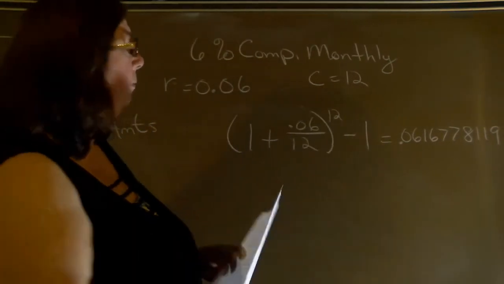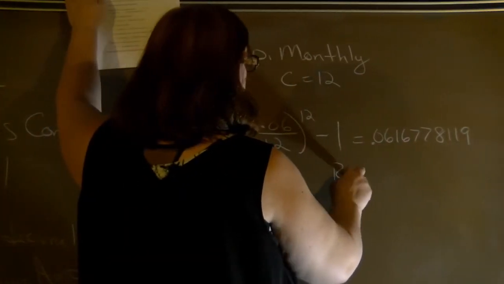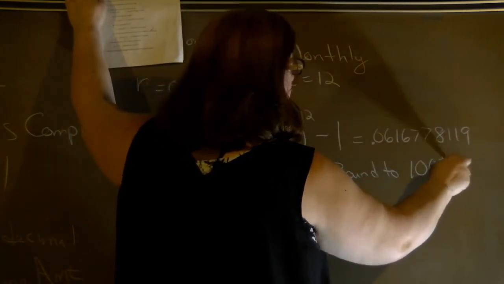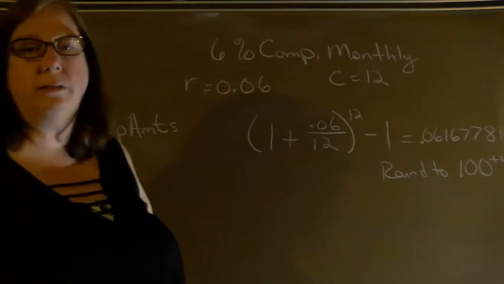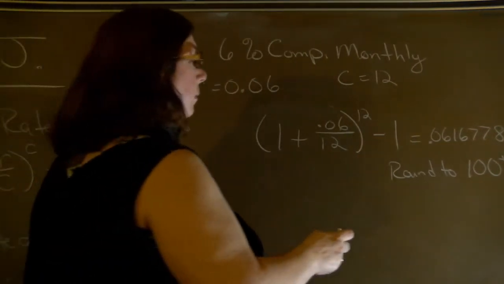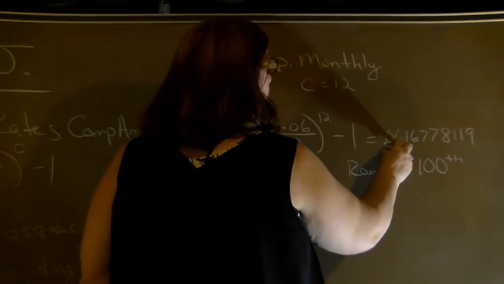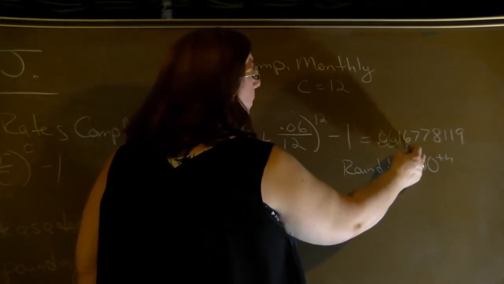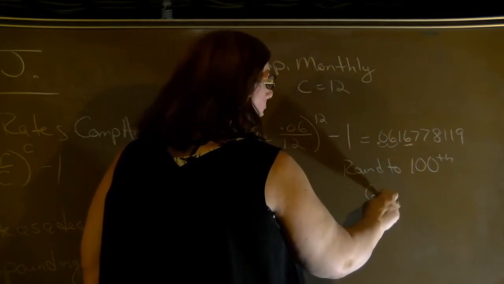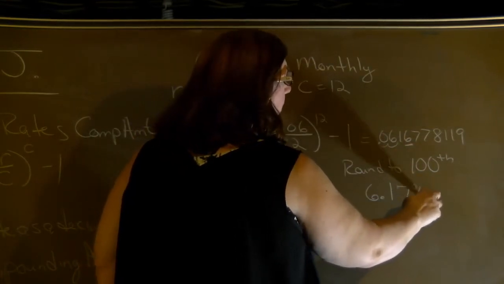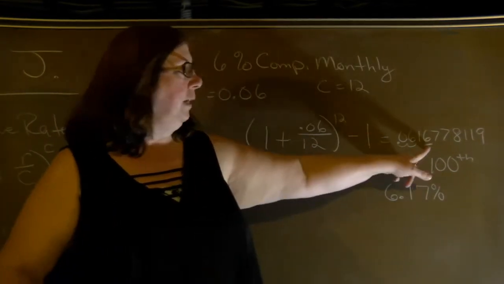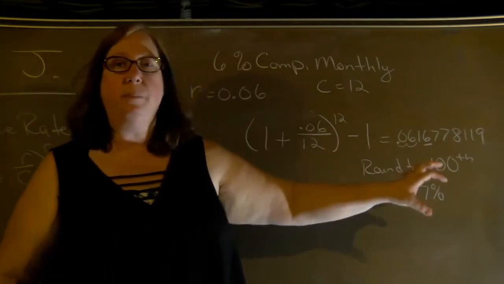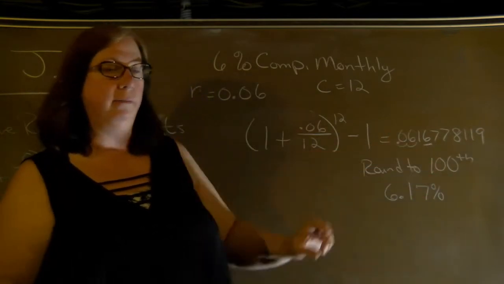Now, if they say to round to the 100th, it's not going to just be 0.06 because they want the percent. So we first make it a percent, which means the decimal would be here, and then we round to the 100th. So it'll be 6.17%. The 7 will round the 6 up, and you go to the 100th. So you have to make it a percent first, and then round it.